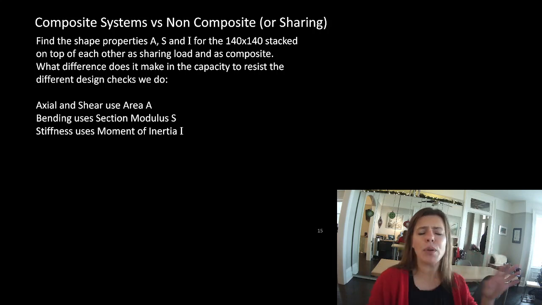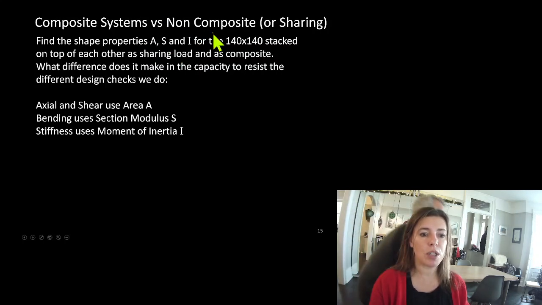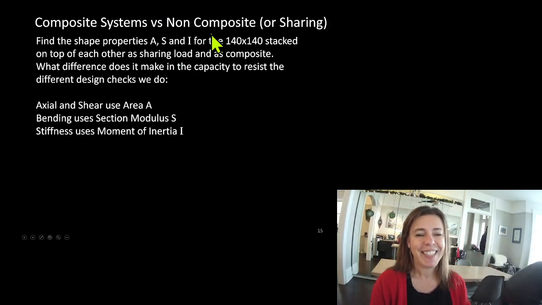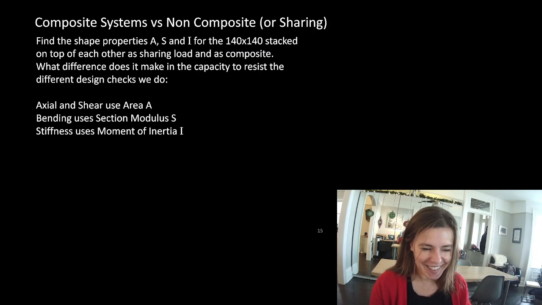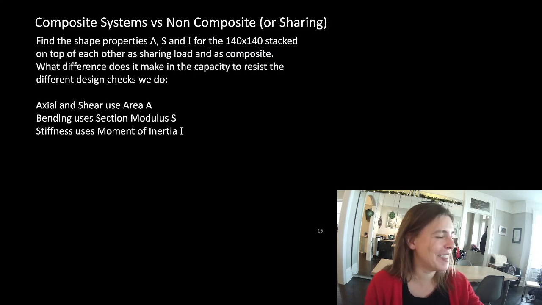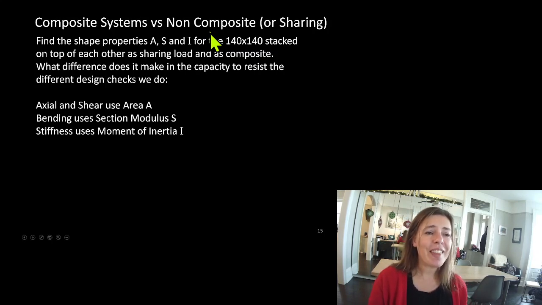All of those equations we looked at had a shape property in the equation, and so the shape of our member was very important. These were the three shape properties we looked at.